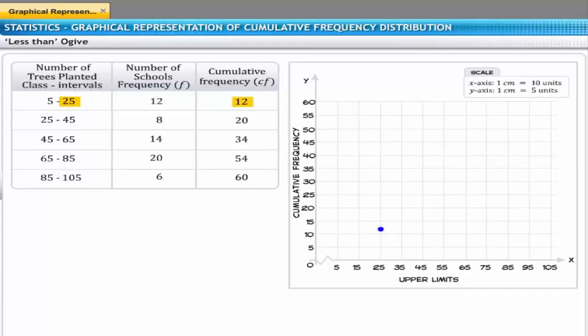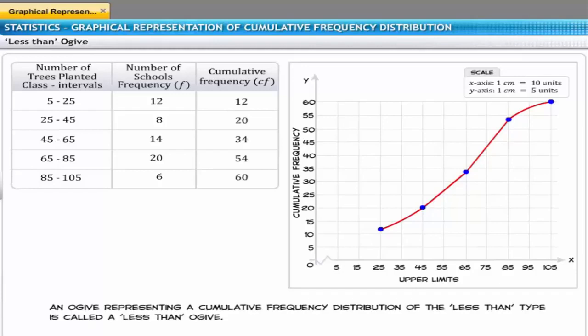Similarly, we'll mark the points corresponding to cumulative frequencies of other upper limits of data. Finally, draw a smooth curve to join all the points marked on the graph. Here's the required ogive. It is an ogive of the less than type.